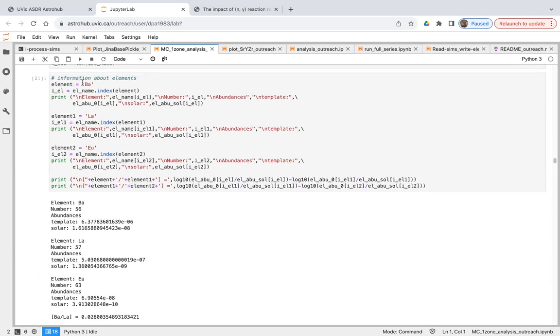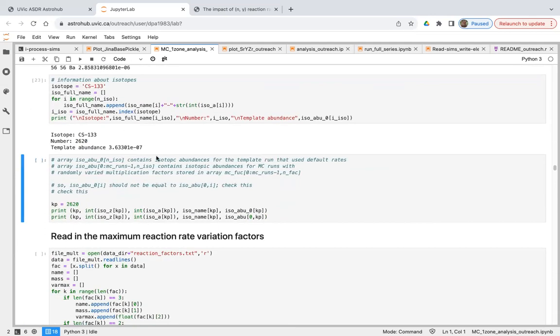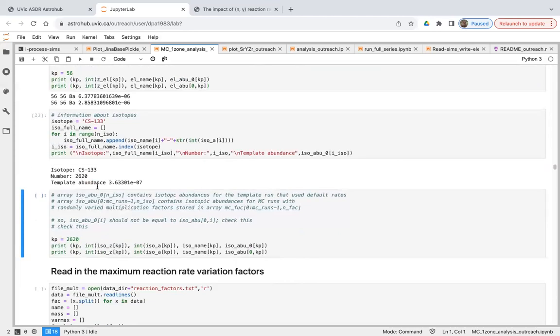So please pay attention to the letter case. Now here we have cesium 133. This is its number in the list of isotopes, 20,620, and this is its template abundance for default rates.